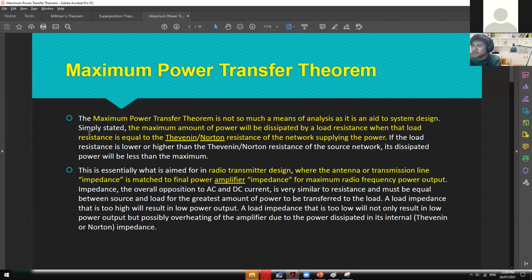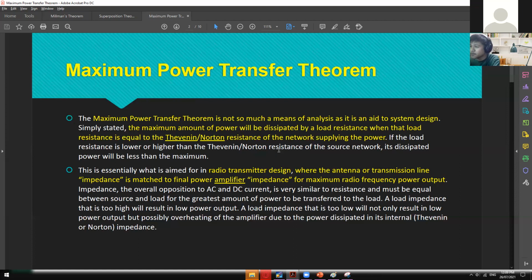Simply stated, the maximum amount of power will be dissipated by a load resistance when that load resistance is equal to the Thevenin or Norton resistance of the network supplying the power. If the load resistance is lower or higher than the Thevenin or Norton resistance of the source network, its dissipated power will be less than the maximum.